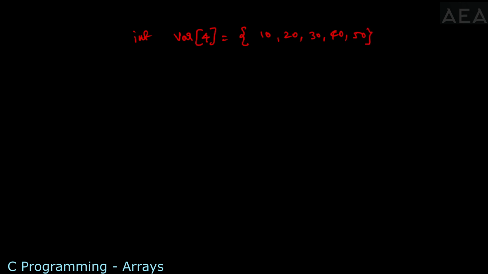Totally how many values I have entered here? 5 elements. So 5 elements entered, but the size of the array is only 4. Then the compiler gives the error. So the size is oversized and the number of elements are more than the given size, so it gives the error. So we have to give compulsory number of elements should be 4 only or less than 4.